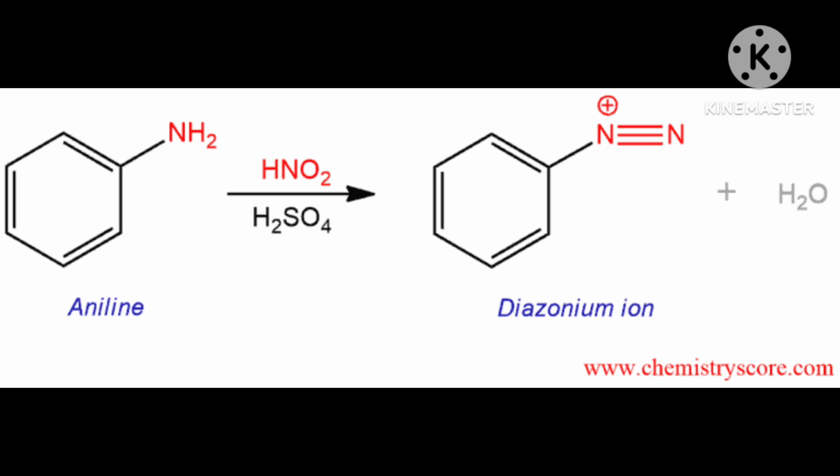Correct? Now BF4 has been introduced with N2. Hence in the place of Cl minus, this BF4 came. This is unstable. And Cl minus will go with H plus and it will form HCl.